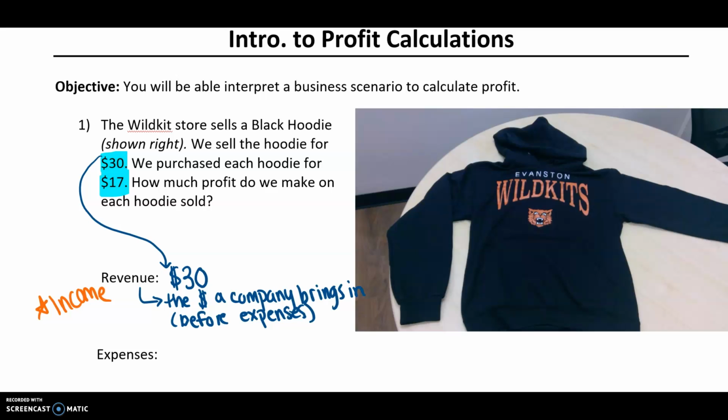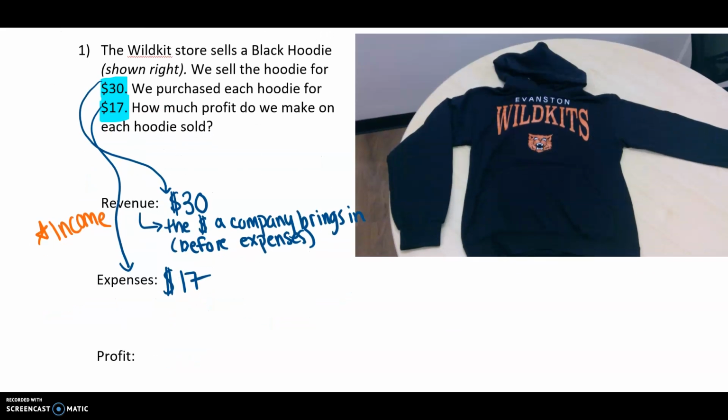Okay, expenses then. Expenses are the company's costs. So in this scenario, the 17 is the company's expenses. And expenses are the money a company spends on supplies.